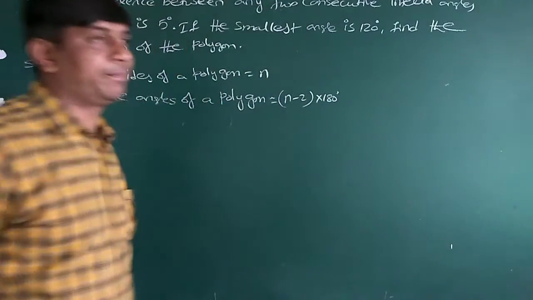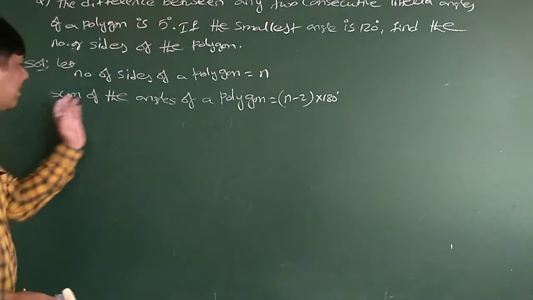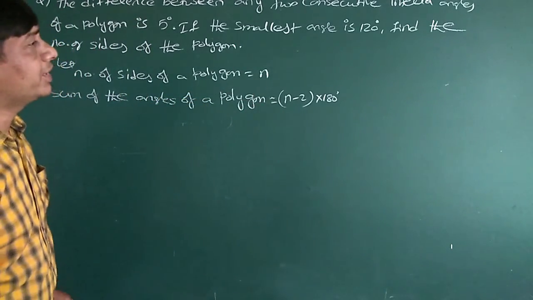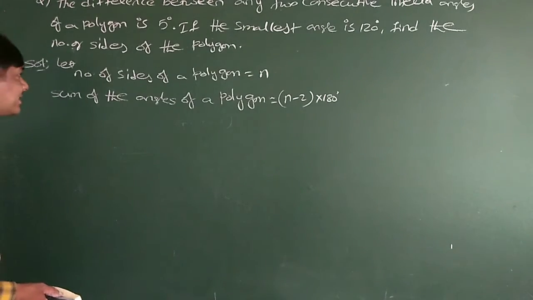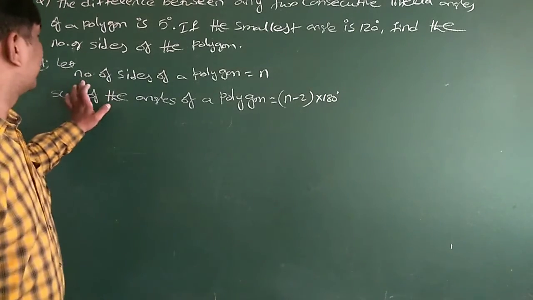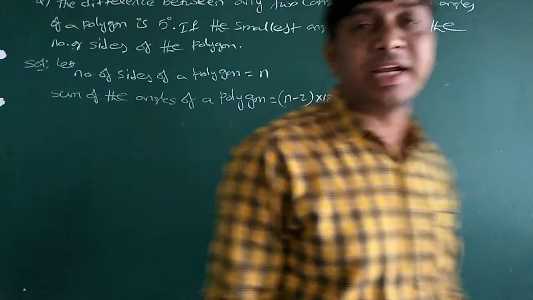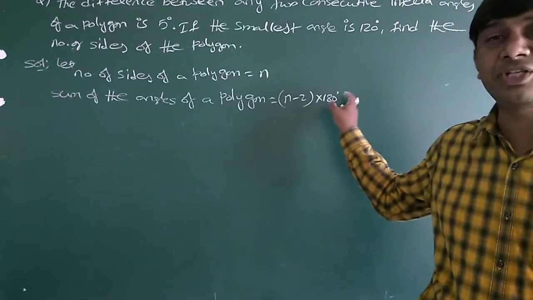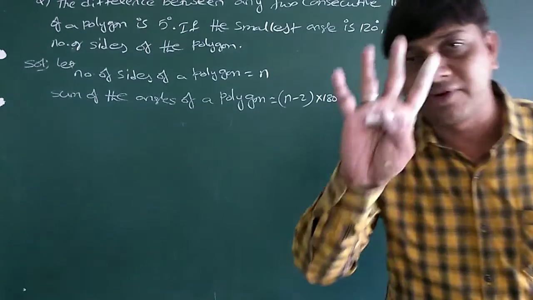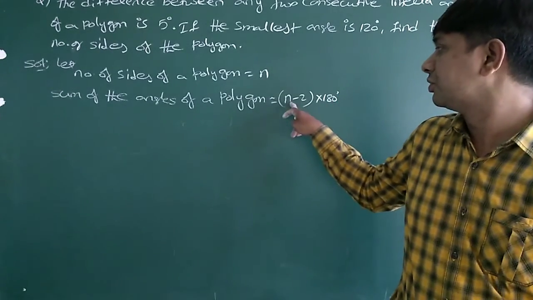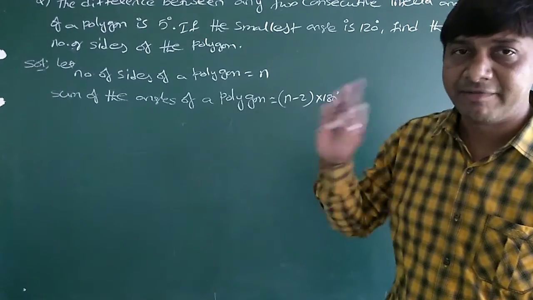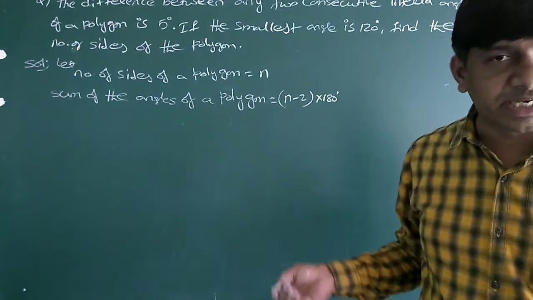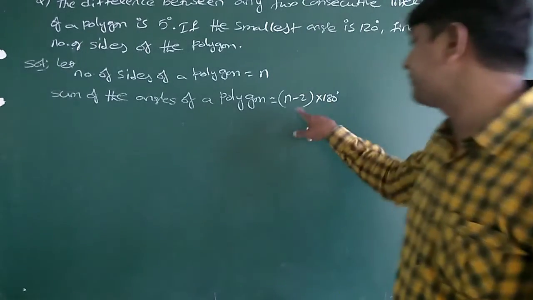If 4 sides, 4 minus 2, 2 into 180 is 360. If 5 sides, 5 minus 2, 3 into 180 is 540 degrees. Check that one. This is a standard formula.